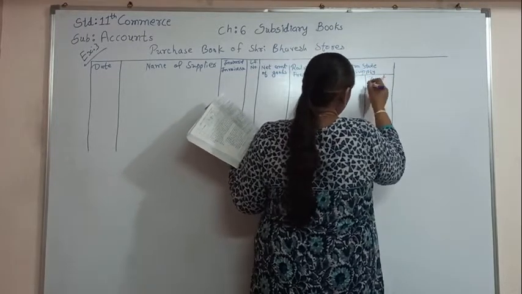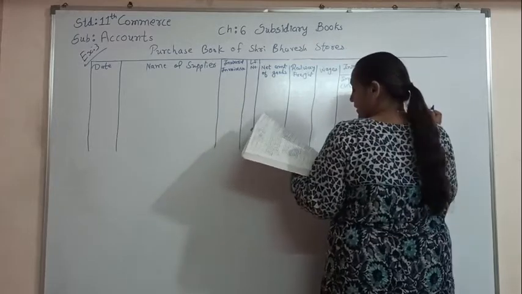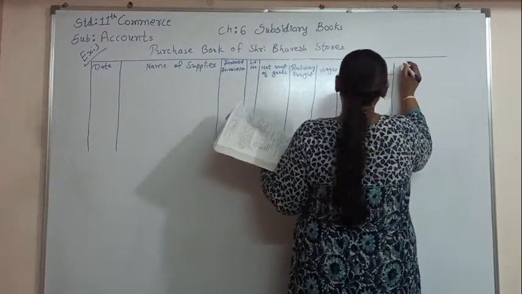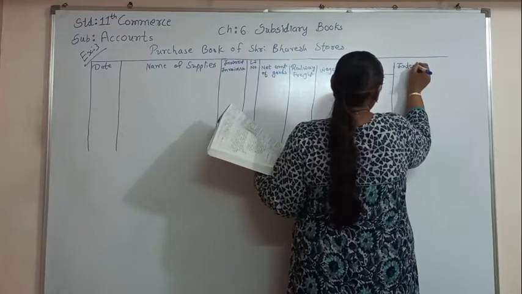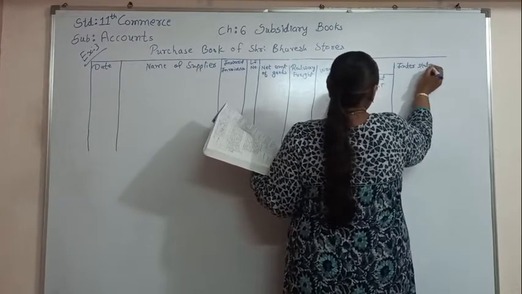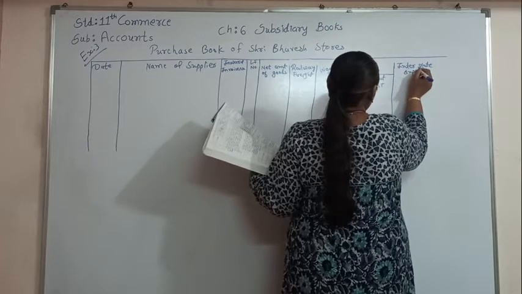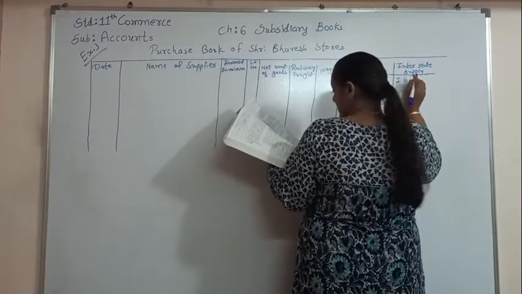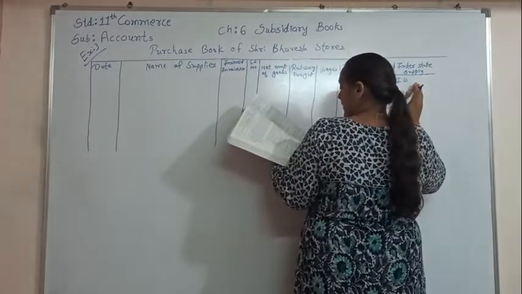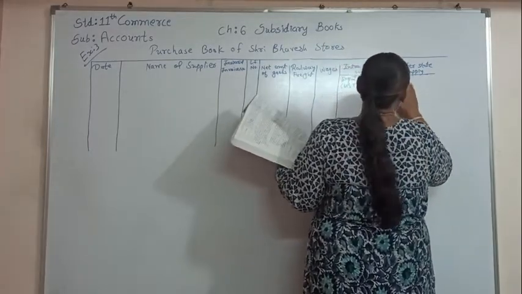If it is an intrastate, then we are going to write here, and if it is an interstate, then IGST. For interstate supply it will be IGST, and that IGST is called input IGST.